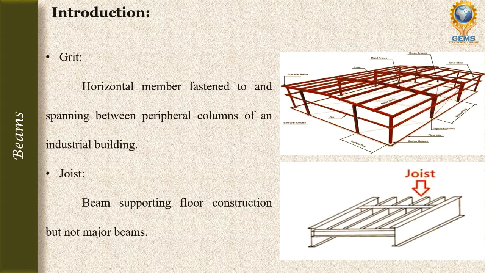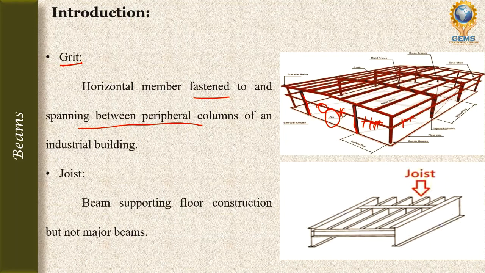The third one is the grid. The grid is a horizontal member fastened to and spanning between peripheral columns of an industrial building. So this grid will be used in industrial buildings only. See here, this is one column, this is another column. Between these columns we have the grid beams.